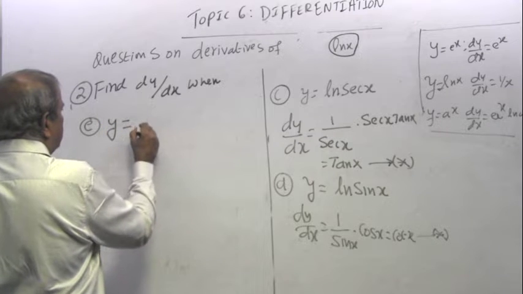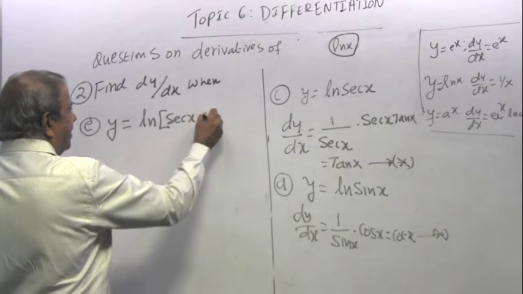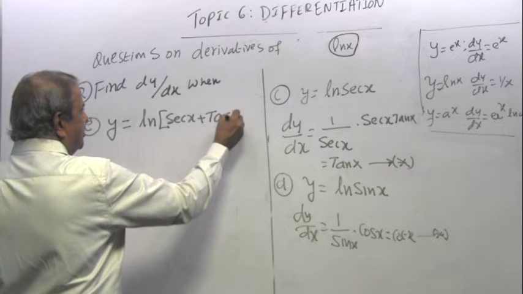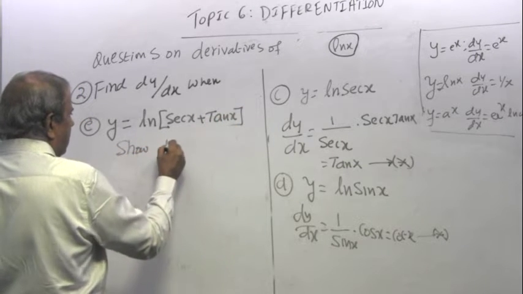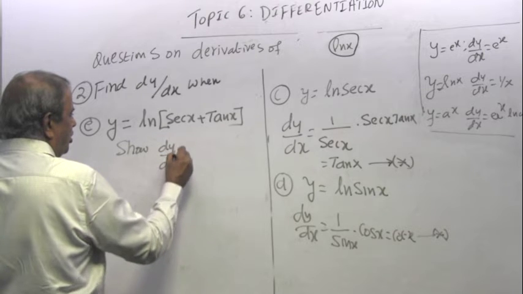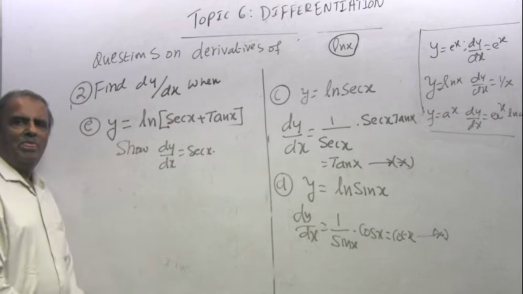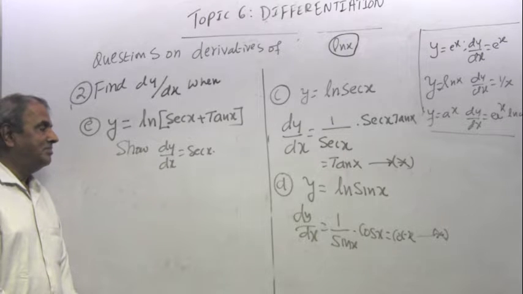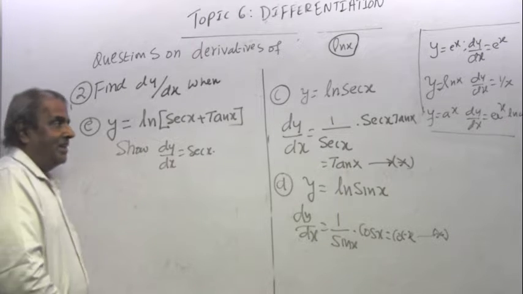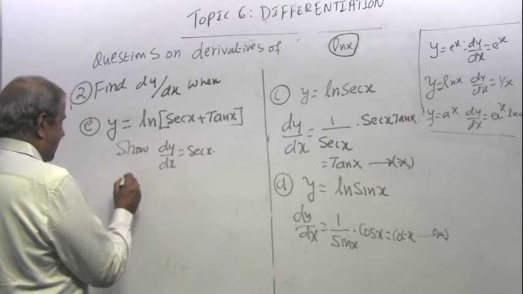y equal to ln sec x plus tan x. Show dy by dx equals sec x. No problem. We use, if you want to call u and v and w, but I'll do it directly.